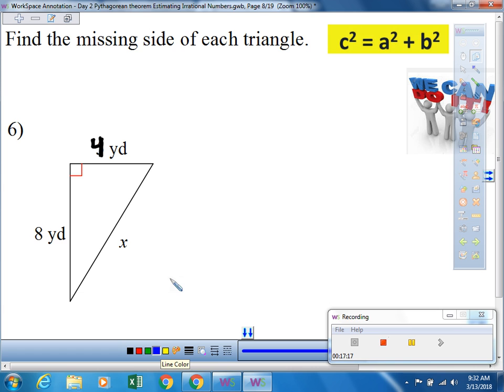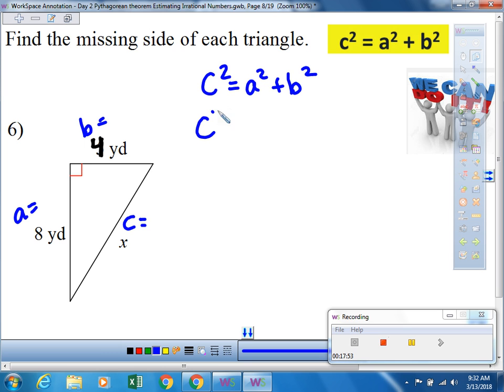Okay, label A, B, and C. Okay, the missing side is side what? C. So, again, you can call this A and B. Doesn't matter which one you call A and B. You can interchange those. So, fill in your formula. C squared equals 8 squared plus 4 squared.